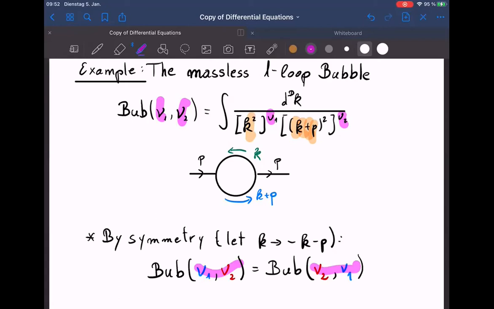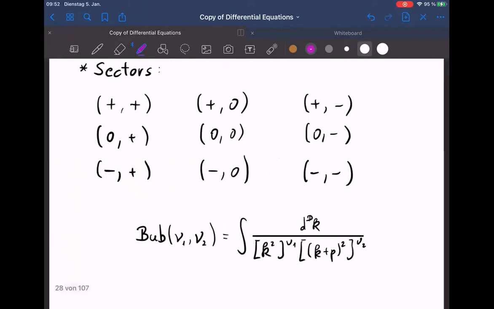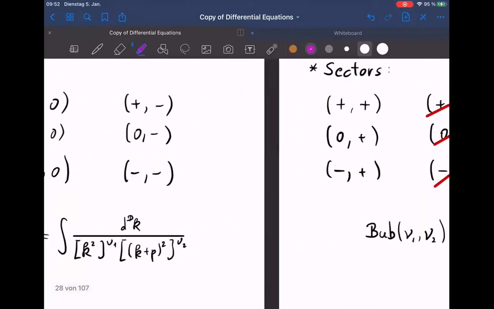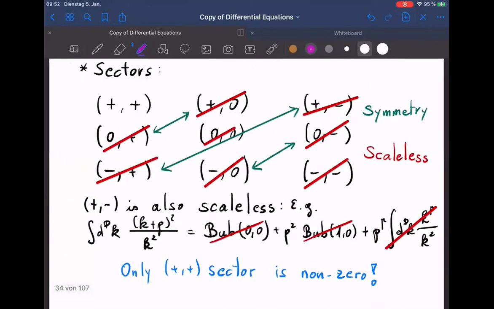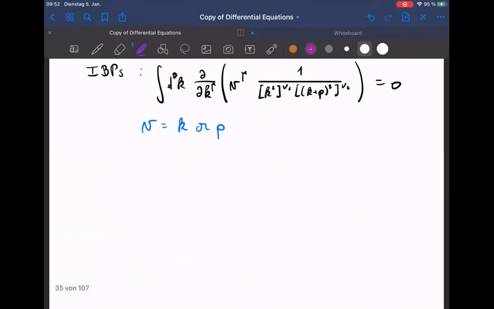So then let's look at the IBPs. Well, yeah, to answer your question, we go back to these slides in a second. The IBPs would tell me that if I take the integral of a total derivative, I get 0. And the derivative of what?